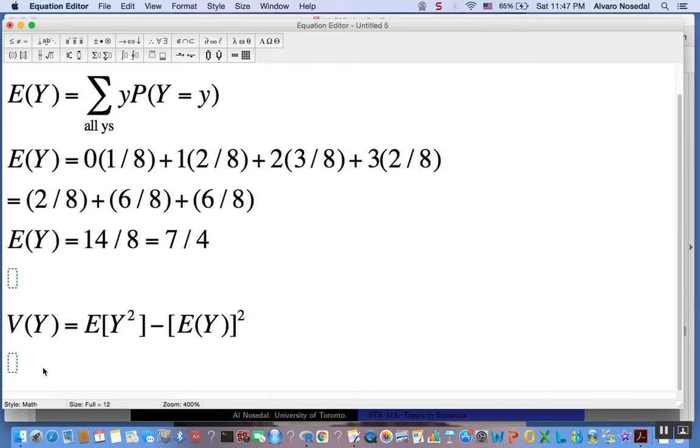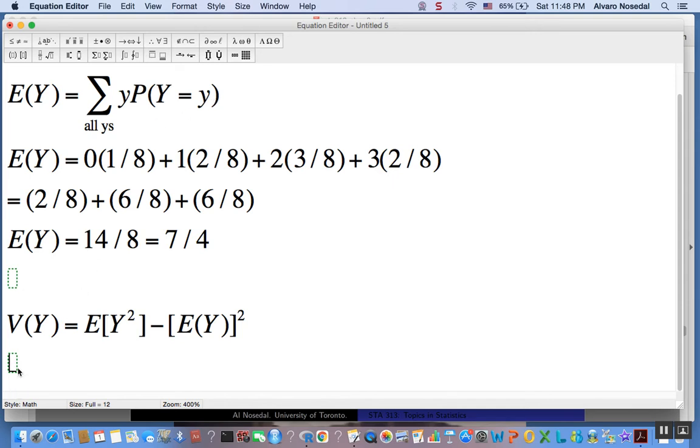Let me remind you of something you have seen before: if you want the expected value of a function of a random variable y, let me call that generic function g, the expected value of g of y is equal to the sum over all the y's of g at y times the probability distribution of the original random variable y.